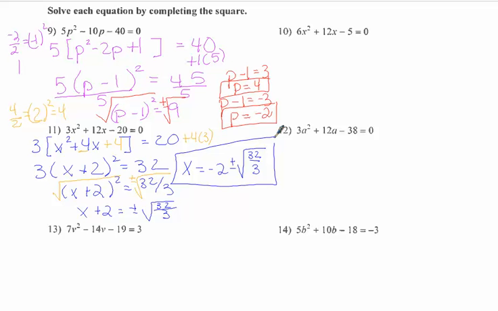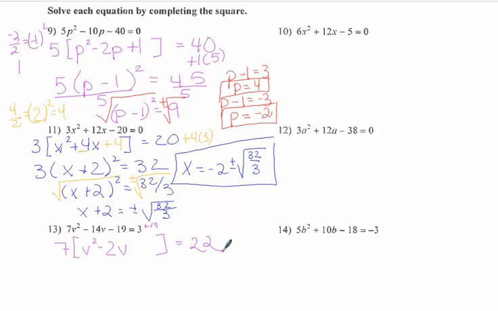The last one I'm going to do with you is number 13. I'm going to take out the 7. 19 plus 3, because I'm moving it over, gives me 22.